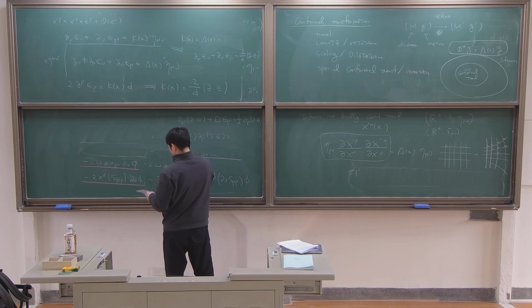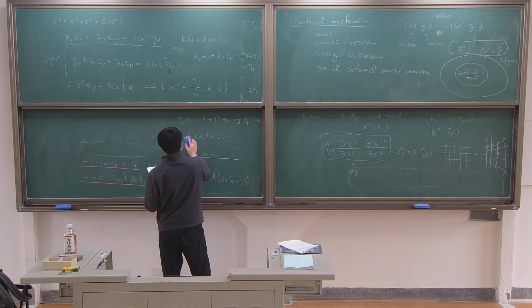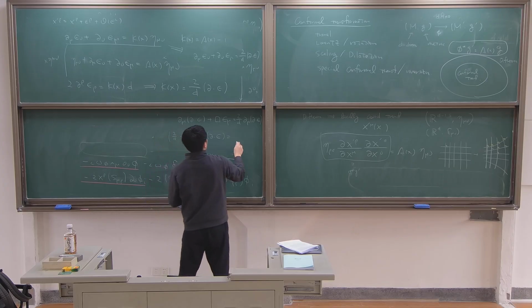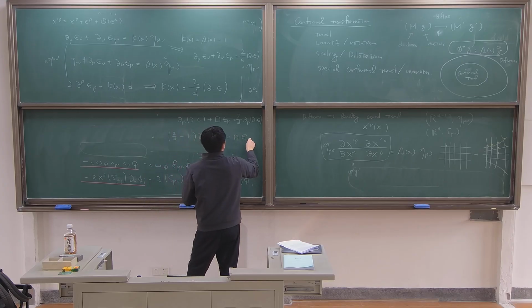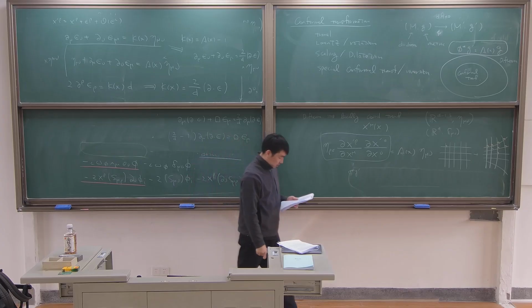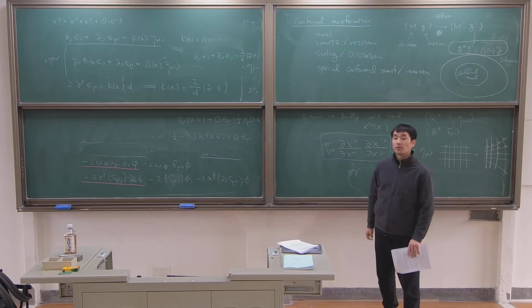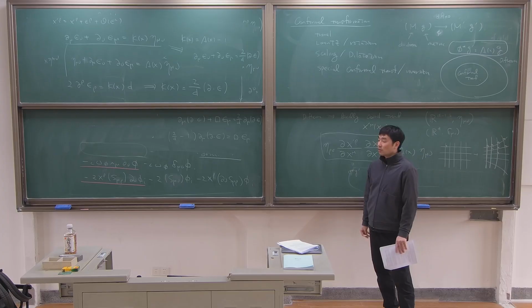I prefer it this way. Two over d minus 1 is equal to delta epsilon mu. Not delta, Laplacian of epsilon mu. Okay. Is it okay? So far, all the transformation is clear. No problem.